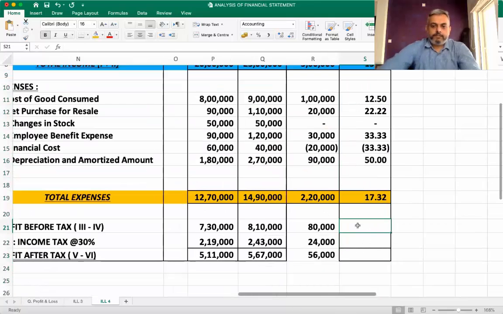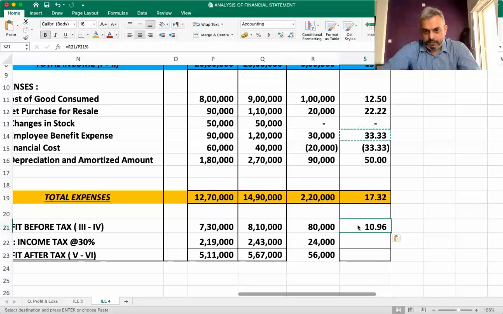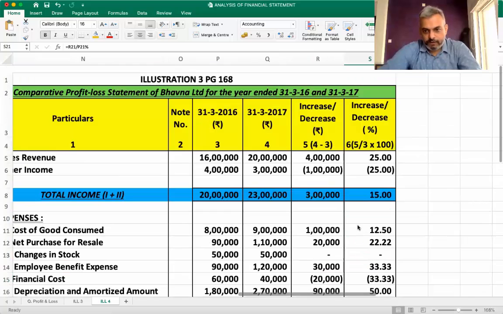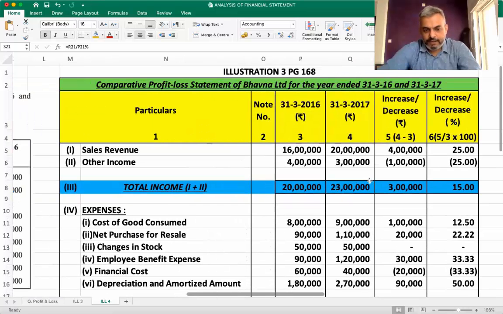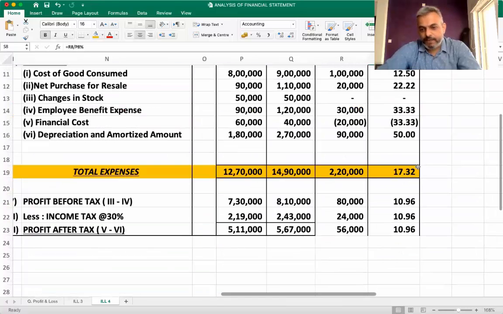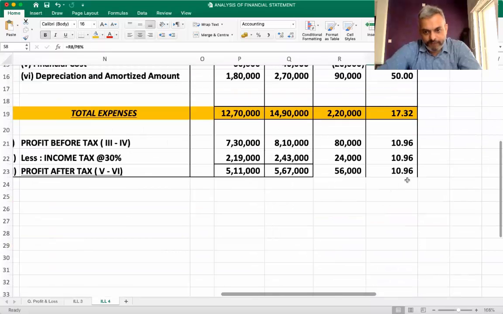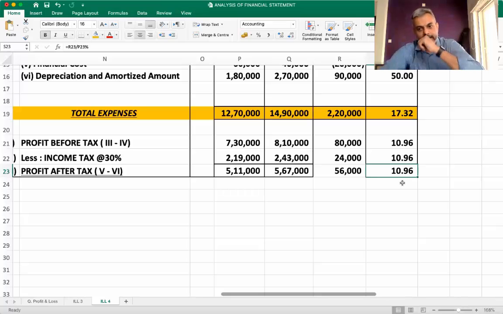Over here, it is going to remain the same, 10.96, 10.96. So profit has increased by about 11%. You can see total income has increased by 15%, but expenses have increased by 17.32%, and that's why your final impact on profit is only 10.96, approximately 11%.